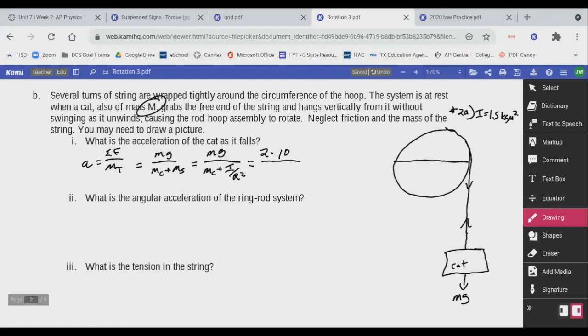Divided by the mass of the cat. They said the mass of the cat is 2 plus I divided by R squared. Well, I, we said is 1.5 divided by r squared, which would be 0.75 squared.